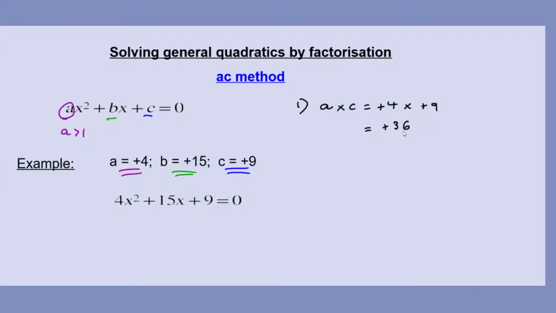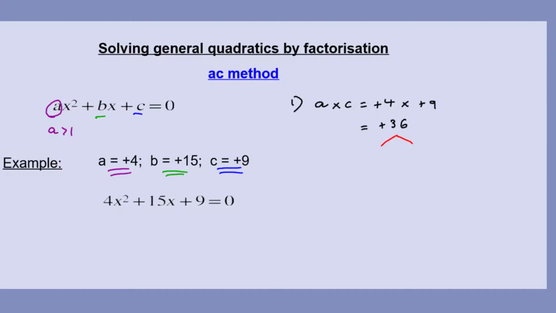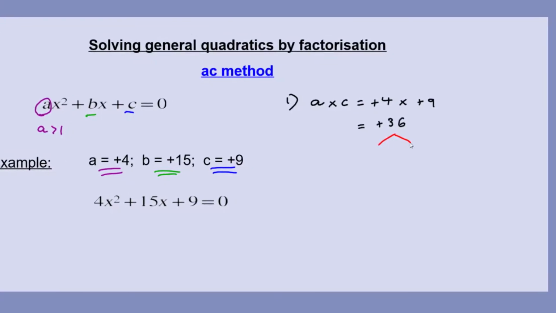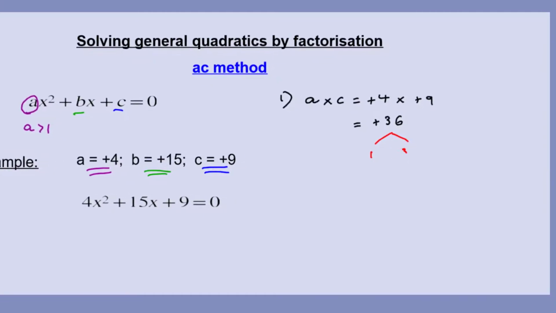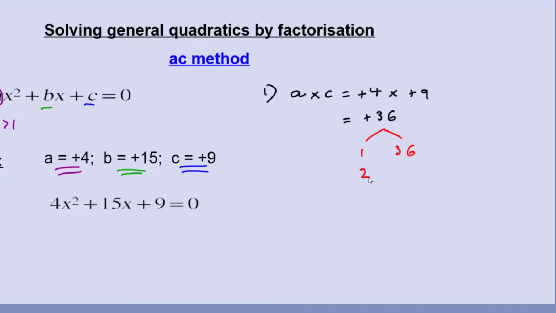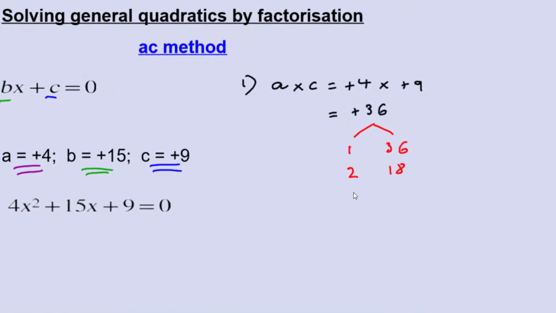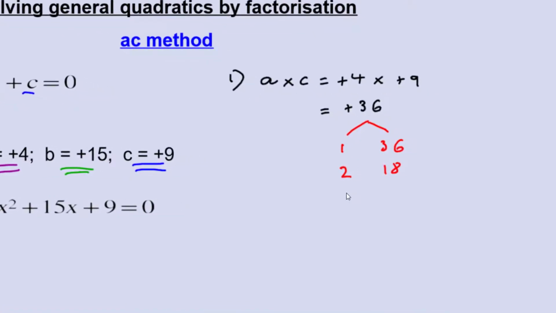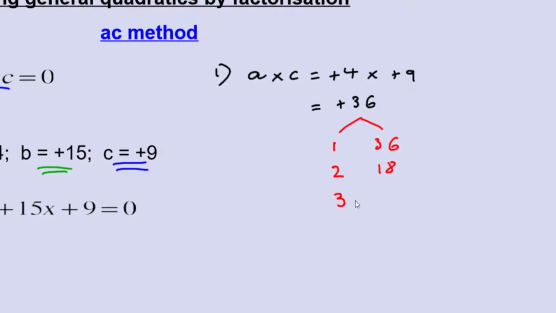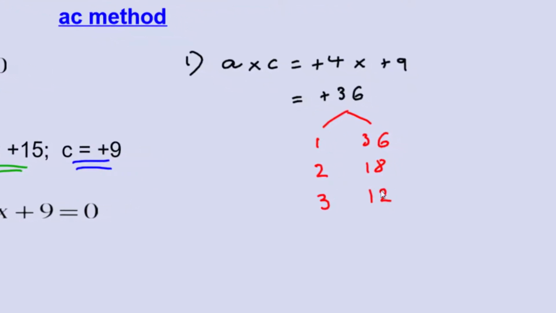Like we've seen in the previous session with the simple method, there is similarity here. We look for the factors of 36. We start with the easiest pair of factors, 1 and 36, and then you can work out the rest. 1 times 2 is 2, 36 divided by 2 is 18, that's the second pair. 1 times 3 is 3, and 36 divided by 3 is 12, third pair.